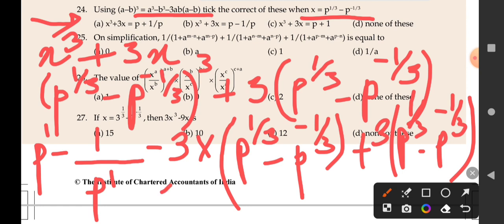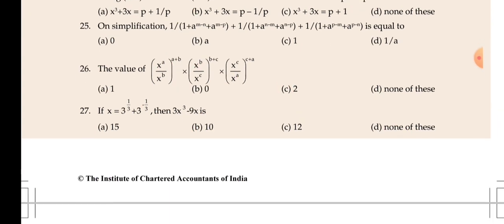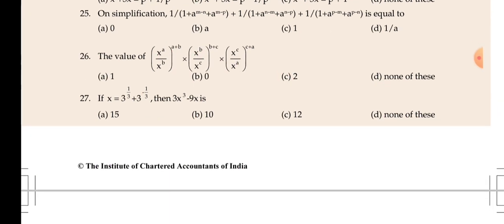Since this whole term, plus and minus, gets cancelled, you are left with p minus 1 by p, option number B. It would be better if you remember this formula so that you can solve it easily, since this type of equations are asked in questions.